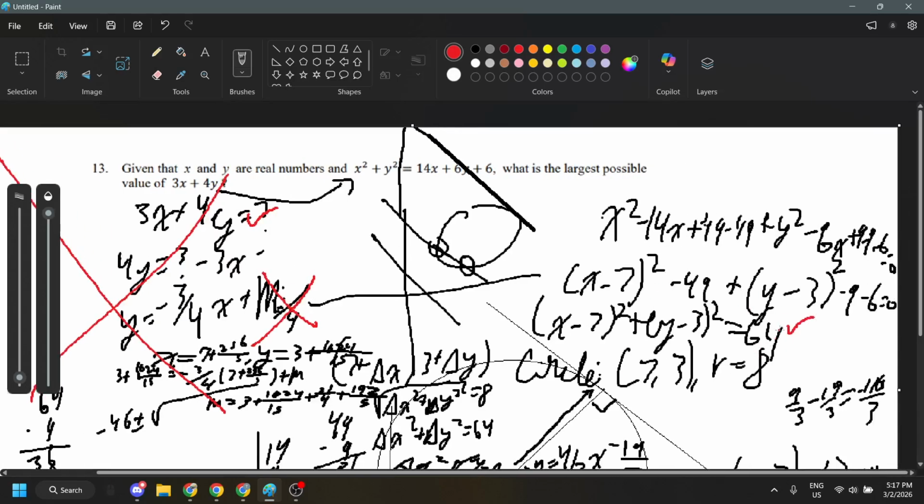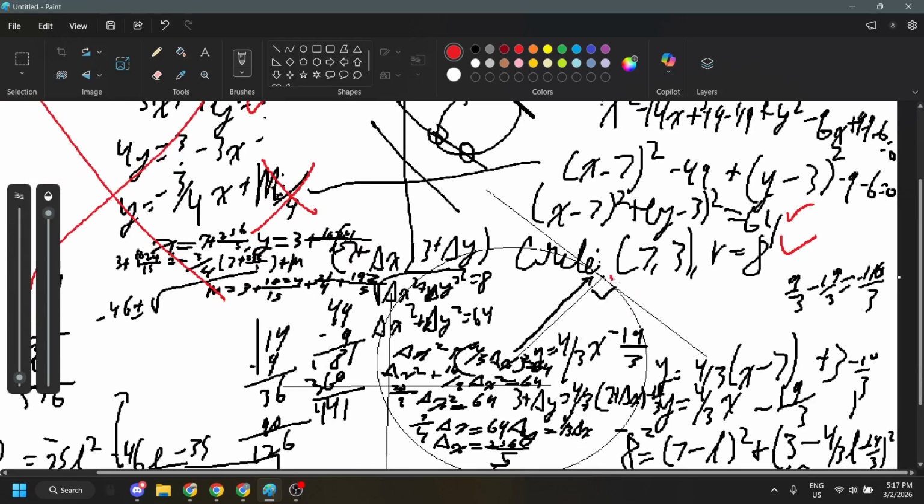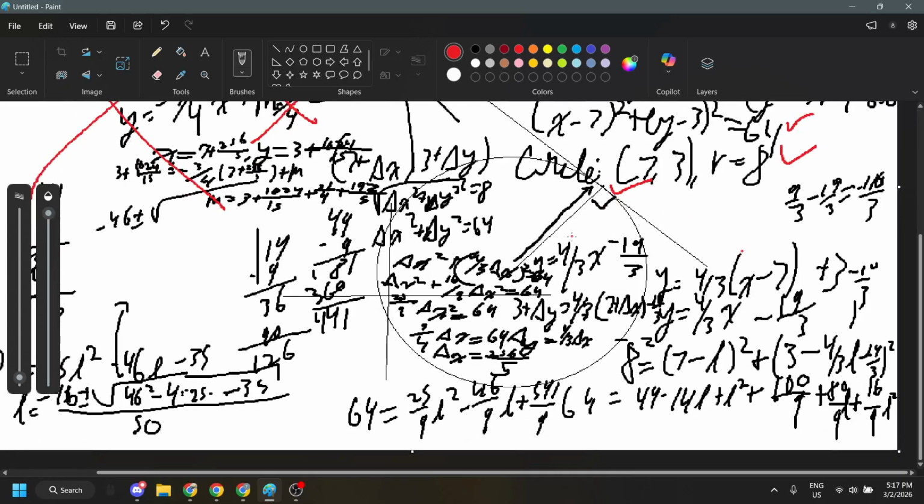This part is correct. They got different coordinates of point P, which is probably where I went wrong. With the radius being 8, therefore the y-intercept of the line is, okay, cool.